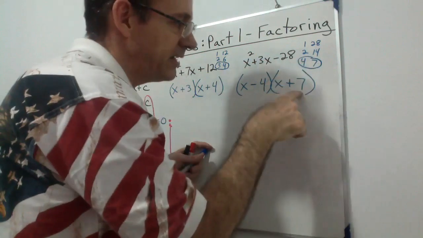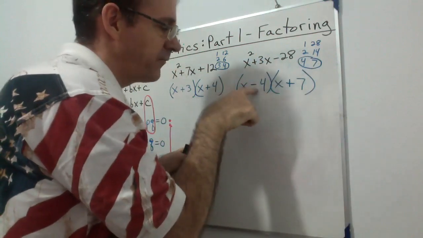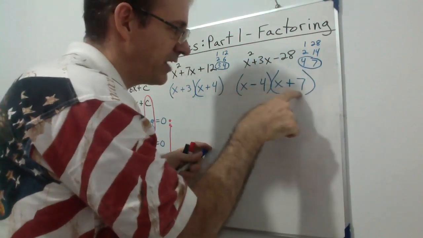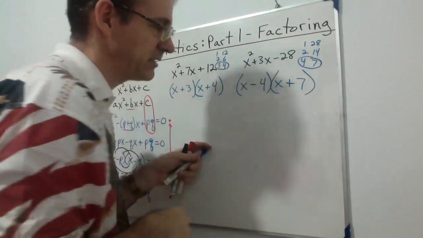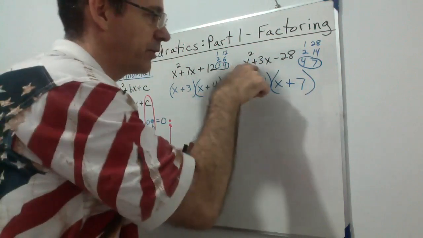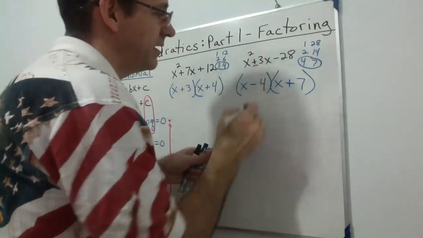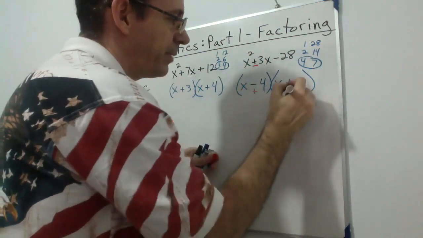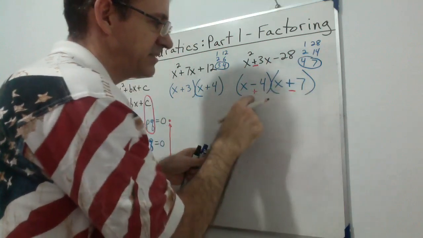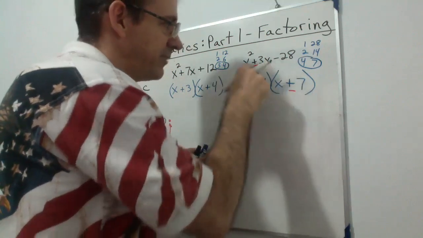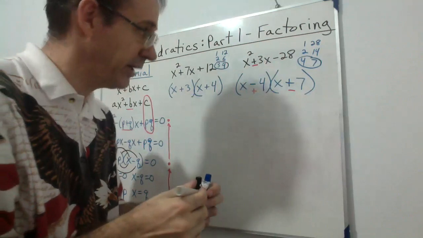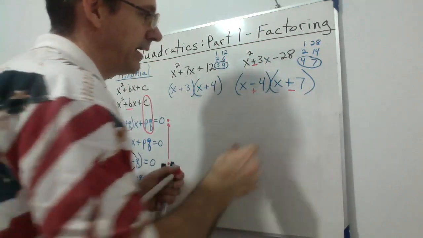That means 7 needs to be the positive and 4 needs to be the negative. 7 minus 4 to get your positive 3. If this were a negative 3, then you would have your 4 be positive and you would be subtracting 7. 4 minus 7 is negative 3. So you can do it like that.